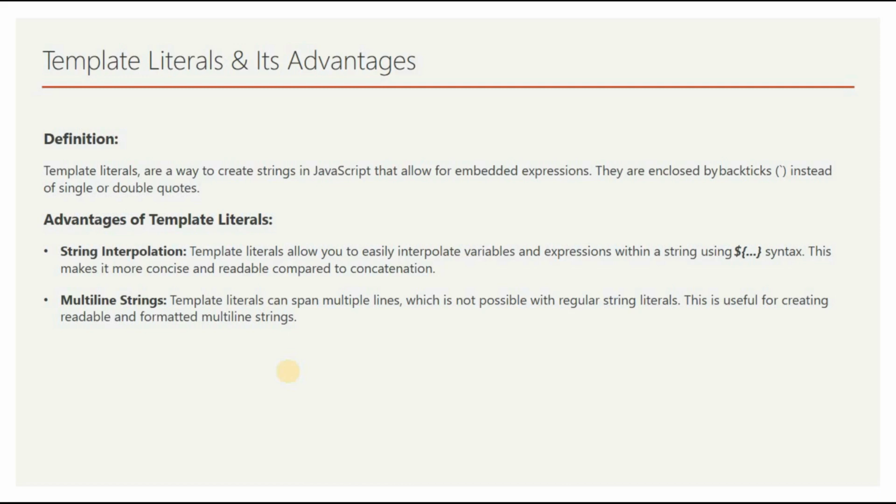So it has several advantages, like string interpolation. Template literals allow you to easily interpolate variables and expressions within a string using the dollar sign and curly brackets inside. You can declare variables. This makes it more concise and readable compared to concatenation. So we'll see by example.